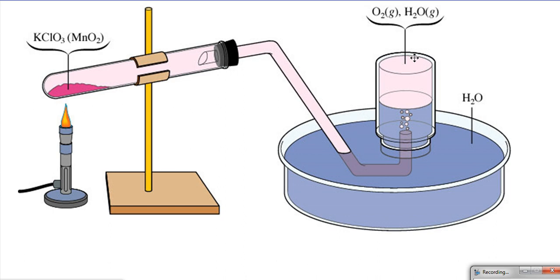To do that, you would need to look up the vapor pressure of water at whatever temperature this gas was collected. That will return for you a pressure. Subtract from the pressure in the container the vapor pressure of water at that particular temperature to find the pressure of that gas that was evolved.